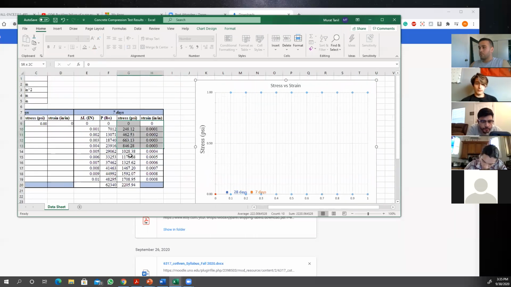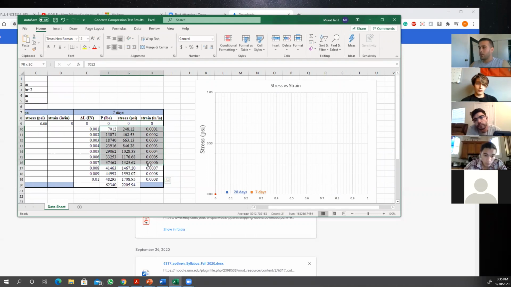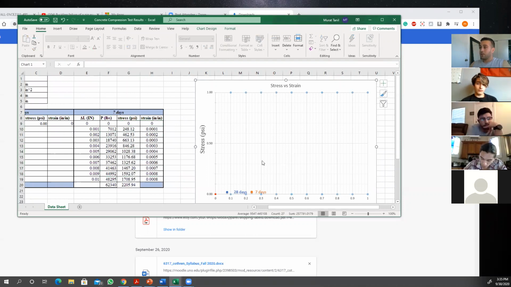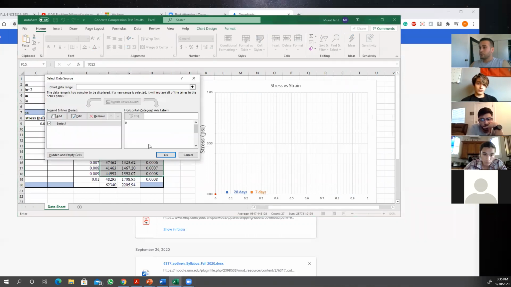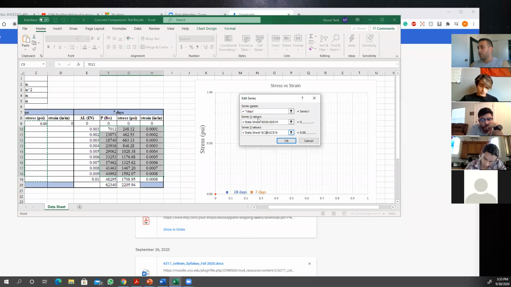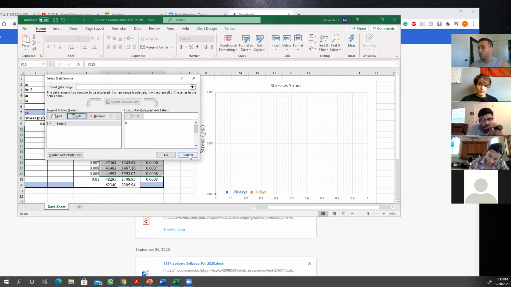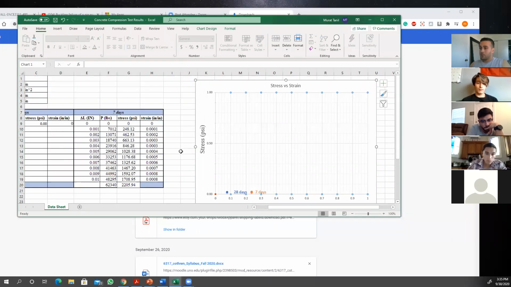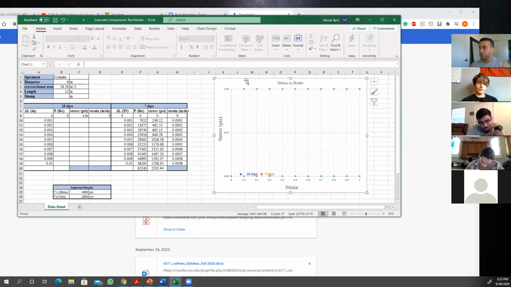So in less than 2 minutes, I tabulated all the values, I calculated, and now I have to select the data for my X values, for Y values, for 7 days. And then once you get your 28 days, you're going to have one more plot, and it will be superimposed to the 7-day plot.